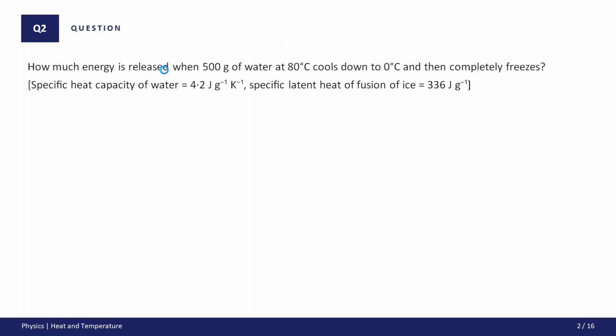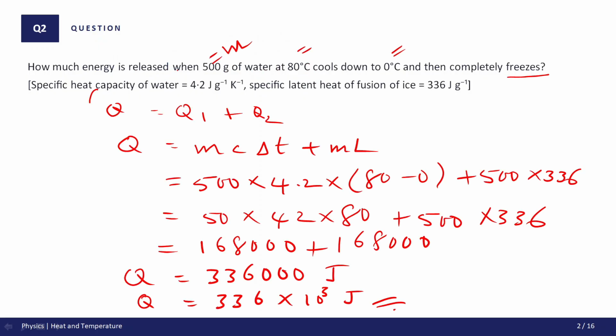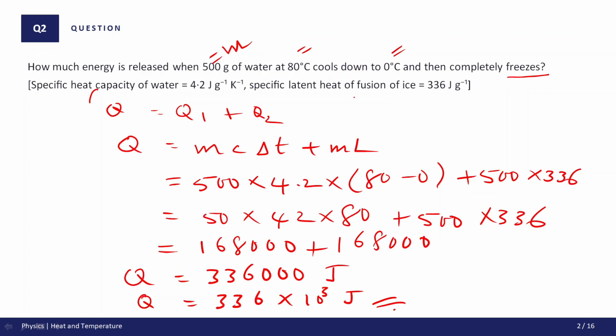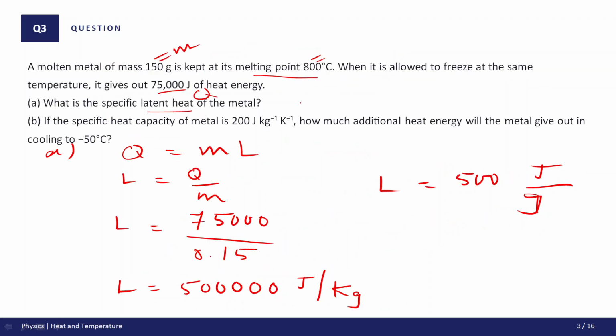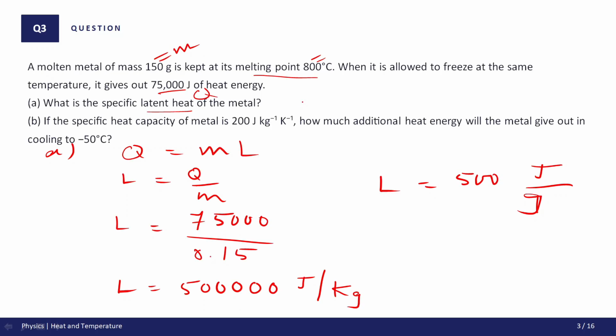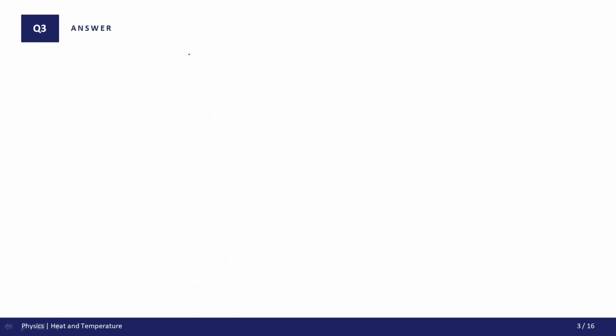So mass given 150 gram, convert into kgs, 0.15 kg.